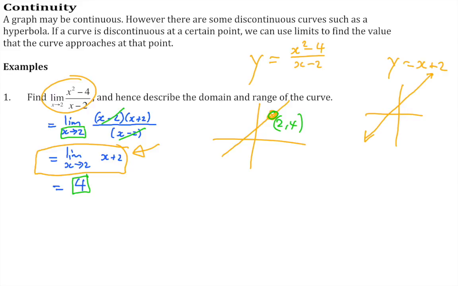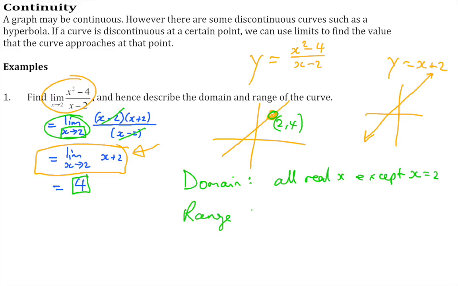So if we know that's the case, how do you describe the domain now? Well, the domain is all real x except for x equals 2, because it can't let x equal 2, or you've got a divide by 0 error.